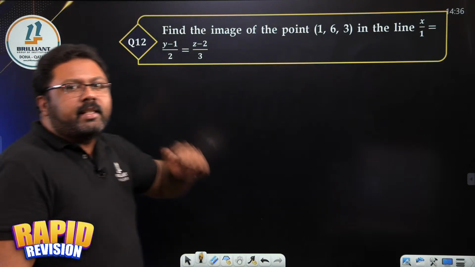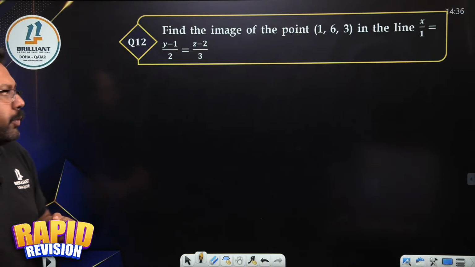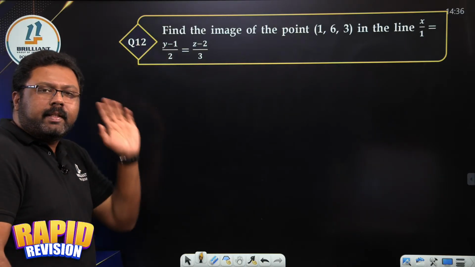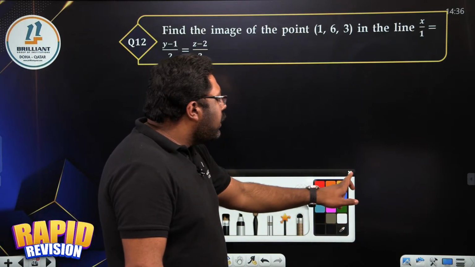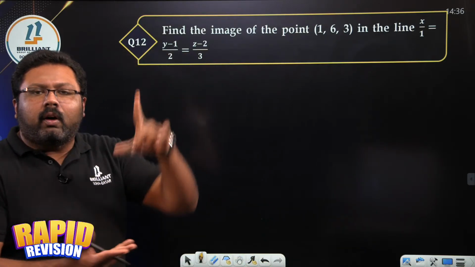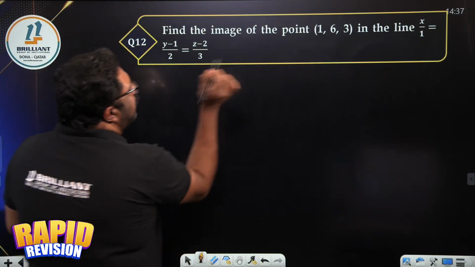Okay, next question please. Find the image of the point. Same concept, same question. The only difference is at the end, instead of finding the length of the perpendicular, they're asking you to find one more point called image.